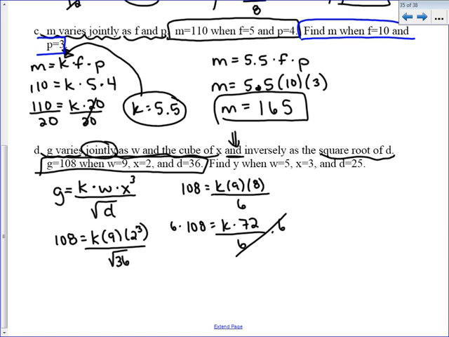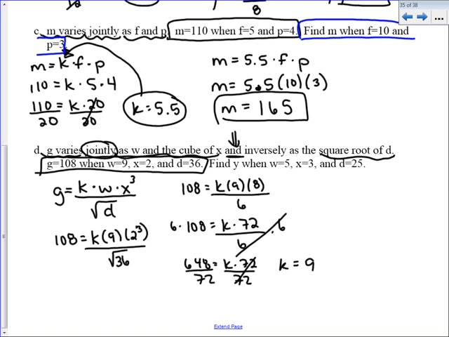So that's kind of a consistent method to get rid of your fraction. So I have 648 is equal to K times 72. And then what's my last step to solve for K? Divide both sides by 72. And after all that work, K equals 9.